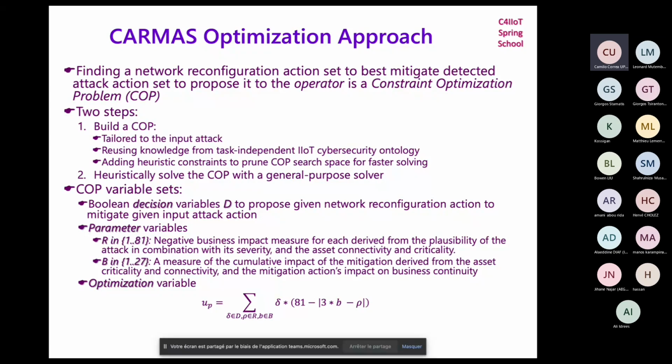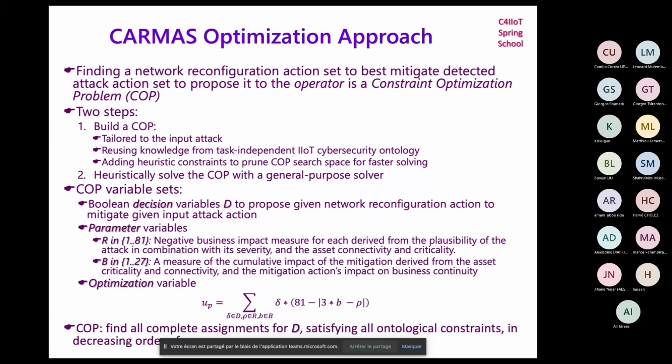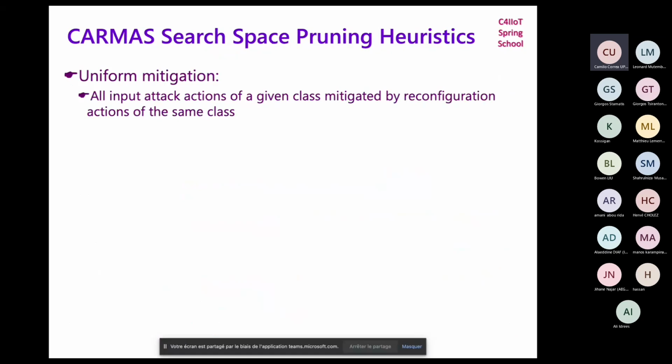And then there are some other parameters, which we call here R&B, which are composite measures that we use to build the trade-off between having a mitigation that is very severe in terms of business continuity against an attack that perhaps isn't very problematic and isn't detected with much confidence, or any other combination of these things. And then we build it all, and we optimize over this equation to rank the solutions. Essentially we look for all the satisfying assignments in the order that they satisfy this optimization function.